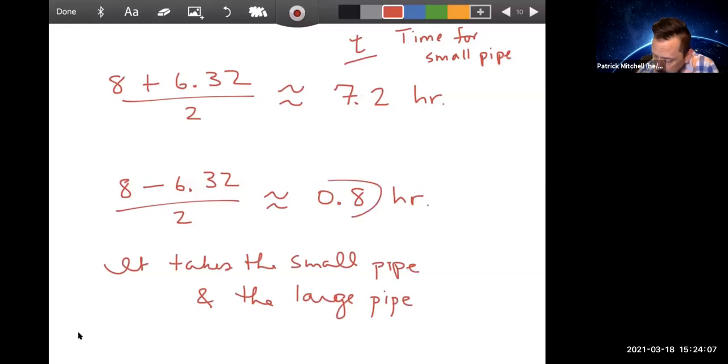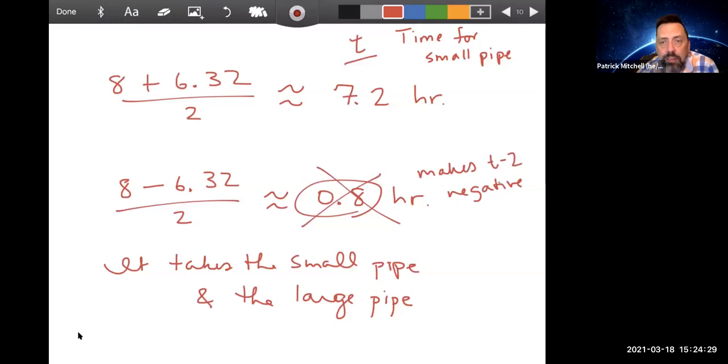So this solution is not going to work, because if it takes the small pipe 0.8 hours and you try to subtract 2 from that, then you're going to get a solution that's negative, and that doesn't make any sense. Okay, so the problem with this is it makes t minus 2 negative.